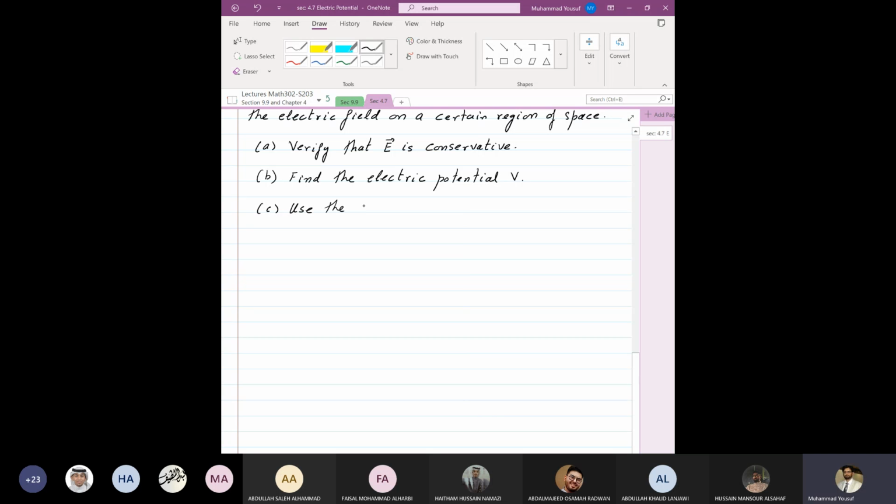Use the fundamental theorem and the potential function, that is V, to evaluate the integral from (2, pi over 6, negative 3) to (pi over 6, negative 3)... this is point A, and (4, pi over 2, 2) is this point B, of E dot dl.